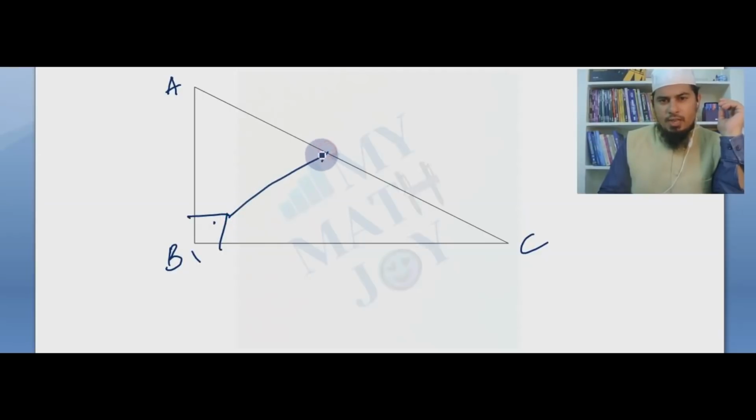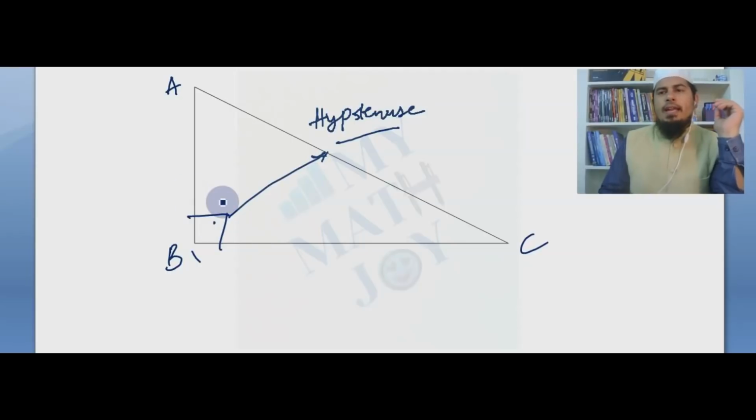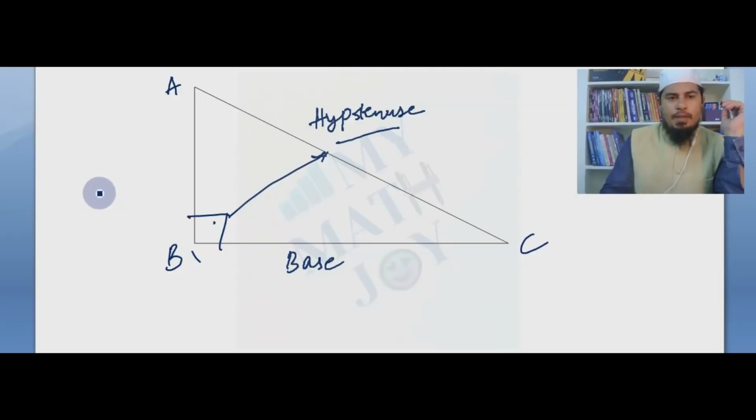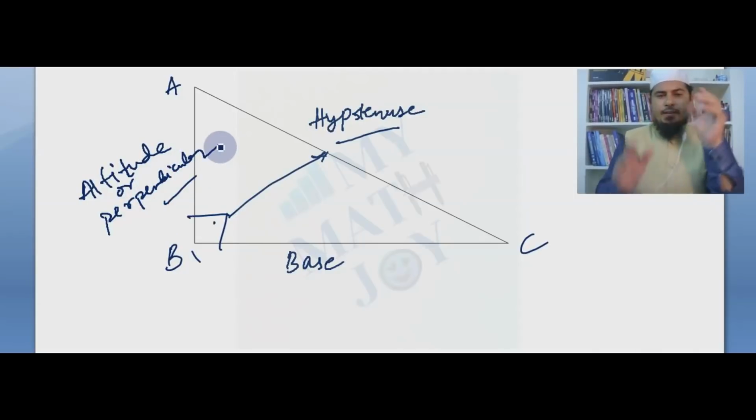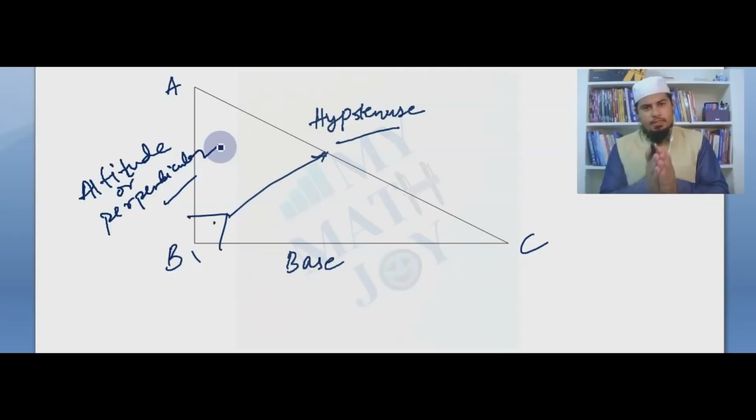The side which is opposite to 90 degrees is called the hypotenuse, and these two sides are called perpendicular sides. Among them, one is called the base and another is the perpendicular or altitude.